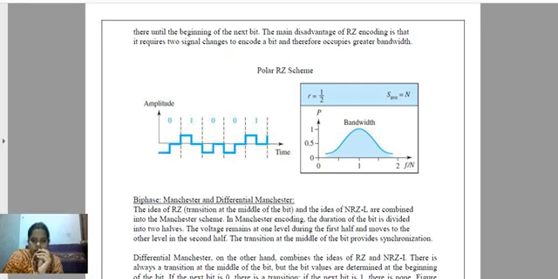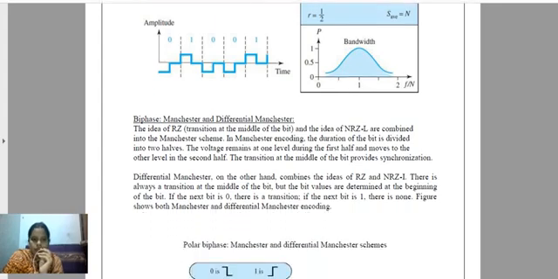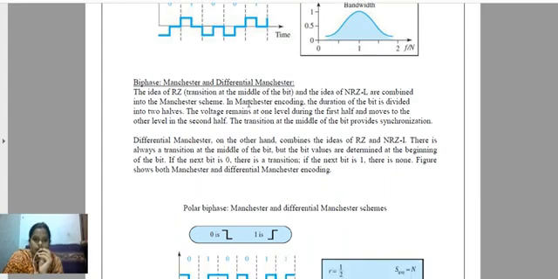Here 3 labels are there. Then come to biphase. Okay, now we will clear more about the biphase scheme. So biphase scheme is of 2 types, Manchester and differential Manchester.